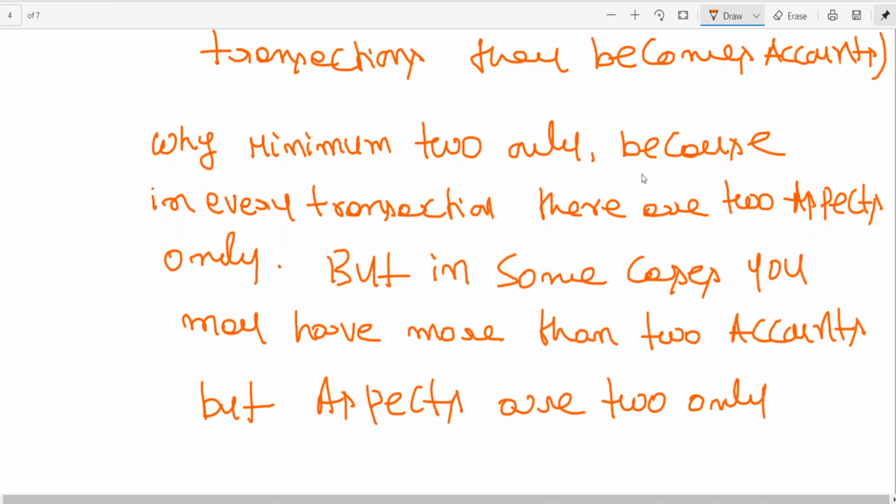So the aspects are receiving, receiver, giving, giver. Minimum two accounts, but in some cases you may have more than two accounts.